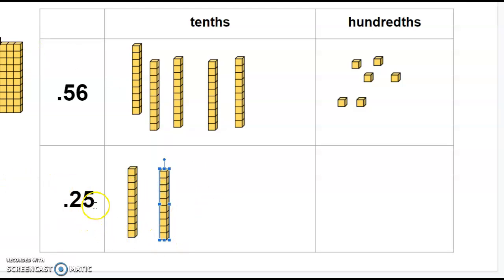Then I move over 5 hundredths. 1, 2, 3, 4, 5. There is mine. So when I'm comparing the two, I see I have more tenths here. So 56 hundredths is the larger number, the larger decimal.